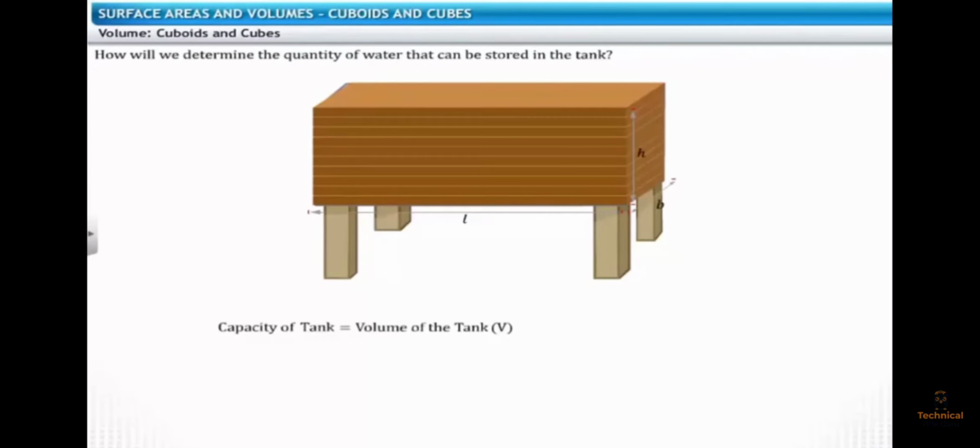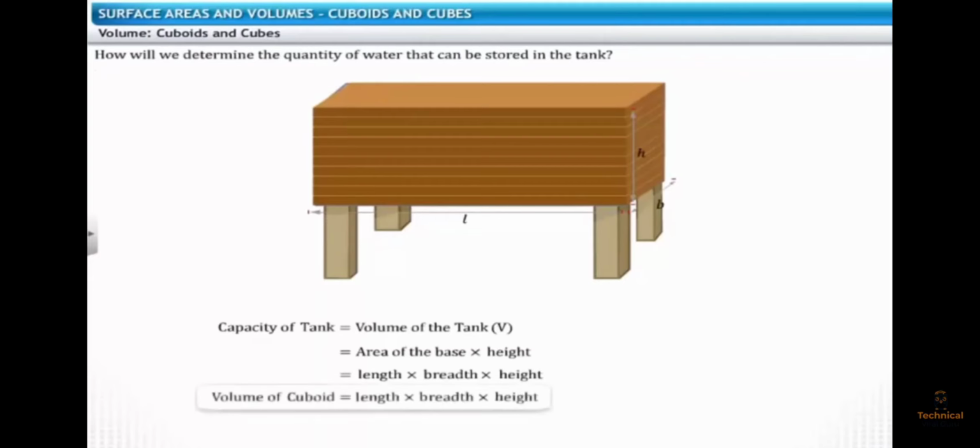The height of the tank can be represented as H, and the area of one rectangular sheet represents the area of its base. Therefore, the volume of tank can be represented as length multiplied by breadth multiplied by height. As the tank is cuboid in shape, we can generalize this formula for the volume of a cuboid.